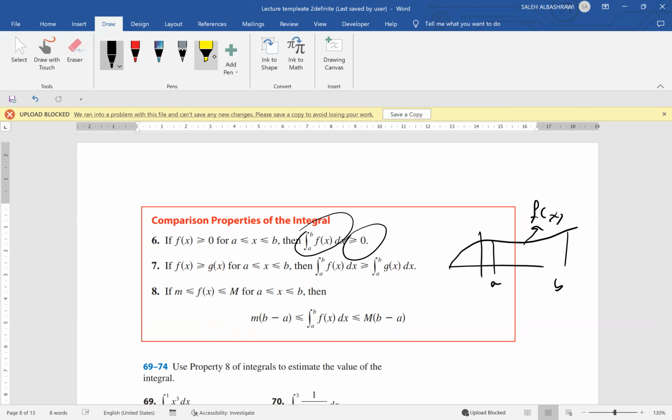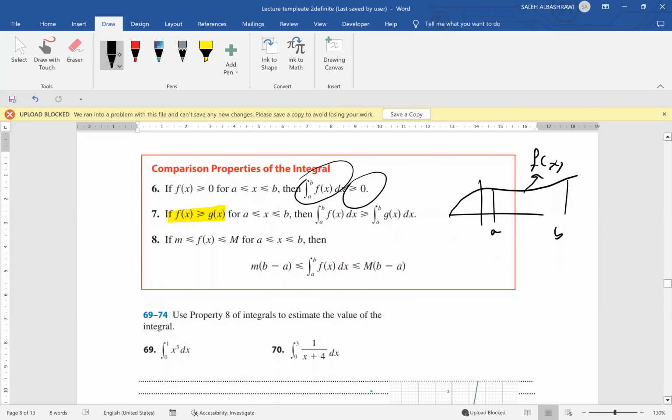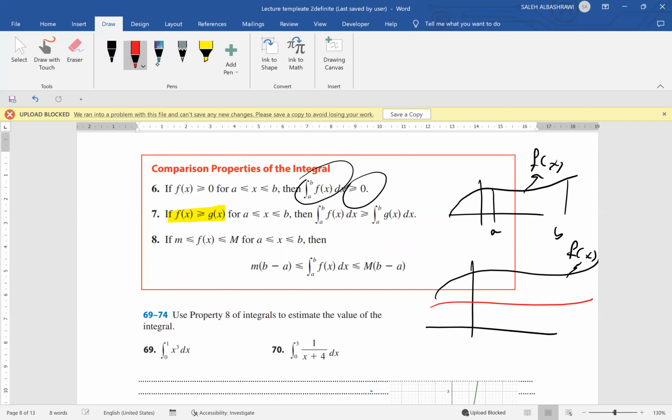If we have f of x greater than g of x for all x between a and b, this means that if I have a function f of x and another function, say g of x, for all x between a and b, f of x greater than g of x means in the graph, the curve of f of x is higher than the graph of g of x.